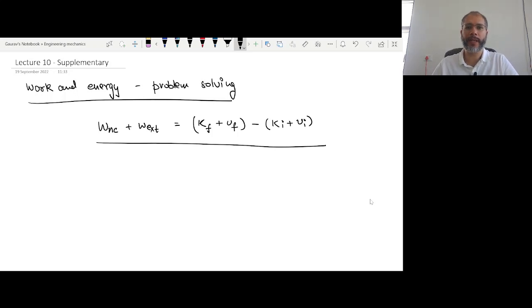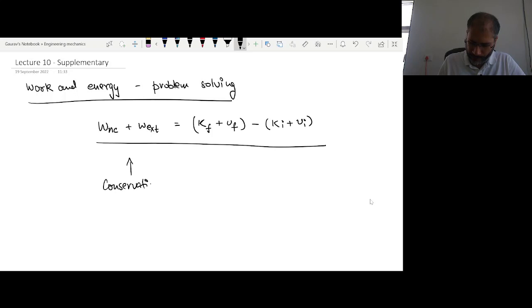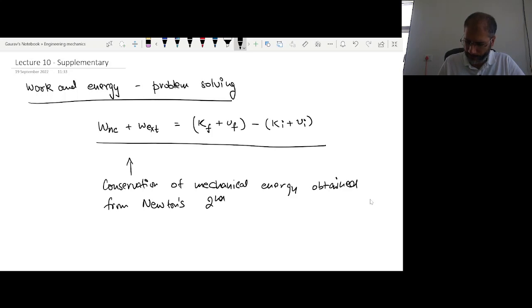So this is directly obtained from Newton's second law. And this becomes useful in certain situations.